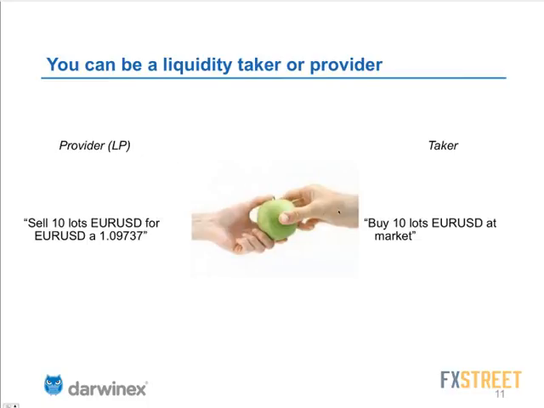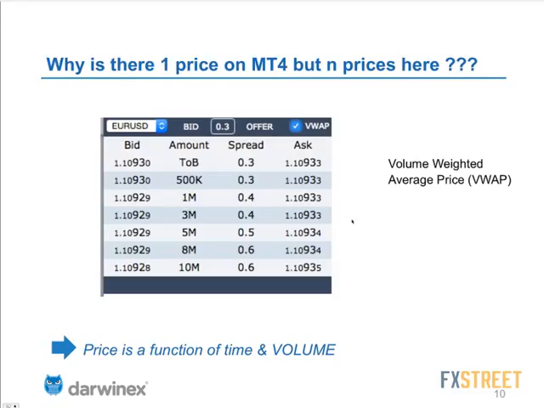As a liquidity taker, which is the only thing you can do on MT4 as a trader, you can basically send market orders where you want to buy, say, 10 lots of euro-dollar at the then going market price, in which case you would say go for 1 million, you would get filled within 0.3 pips of spread, as you can see here.